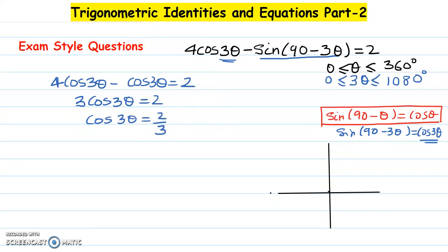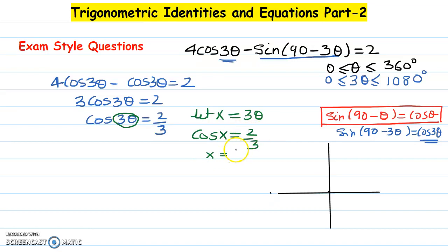Now we are going to assume this 3 theta as X. So let capital X be 3 theta. This equation is going to be reduced like this: cos of X is 2 over 3, and once we calculate, X is equal to cos inverse 2 over 3.